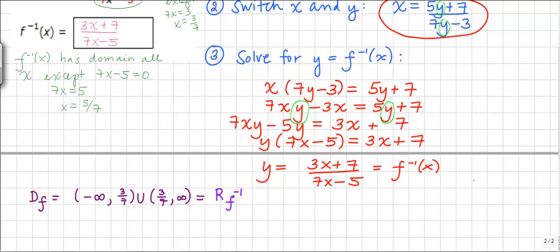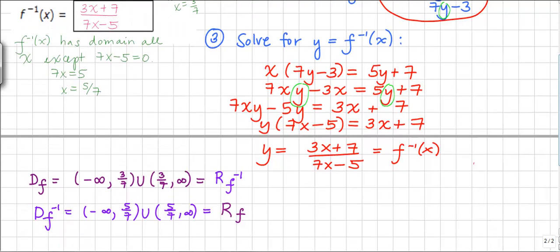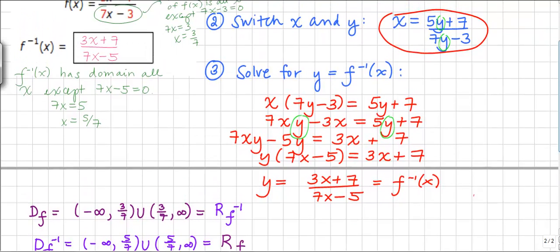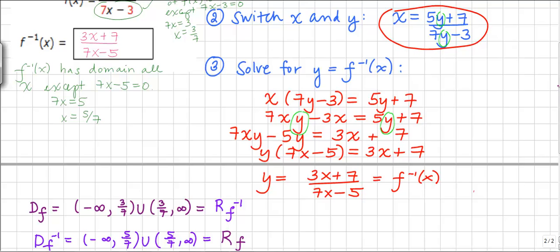Likewise, if the domain of f inverse we have determined is everything except 5/7, then that actually determines for us the range of the function f. Now I would suggest that you take the two functions just for fun and graph them in your graphing calculator and look at the symmetry.